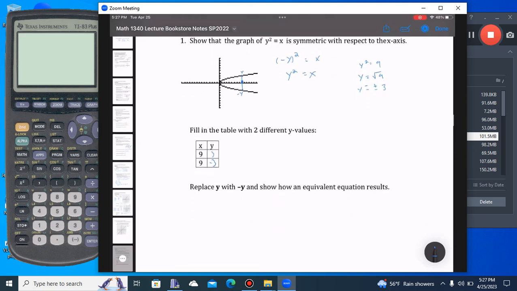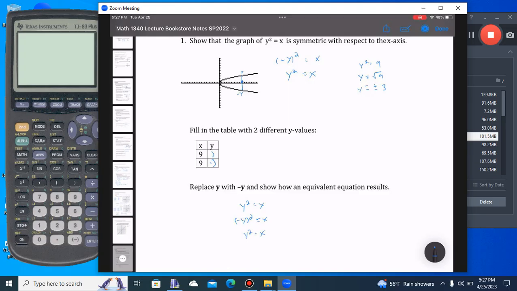Right. So that's the algebra test for it: start with your y squared equals x, plug in your negative value, and then square it and simplify, so you get y squared equals x.